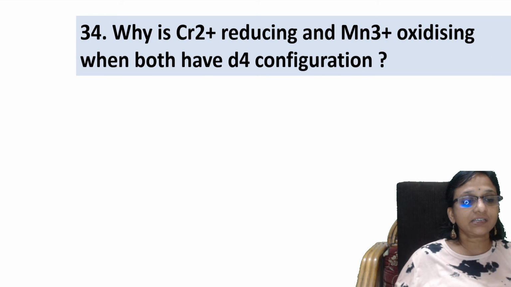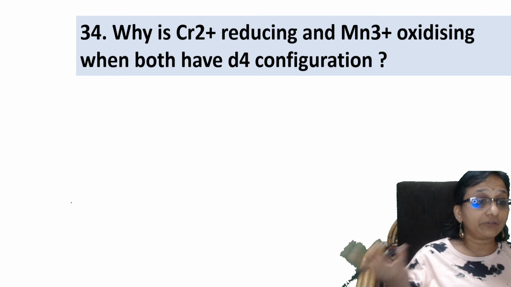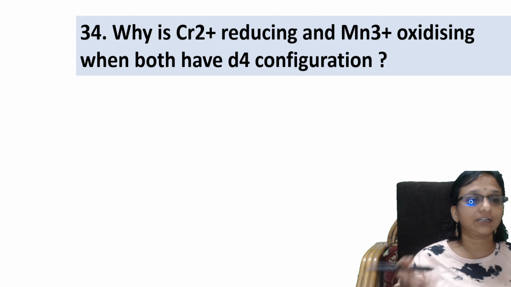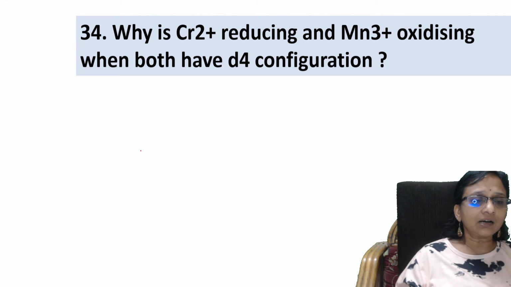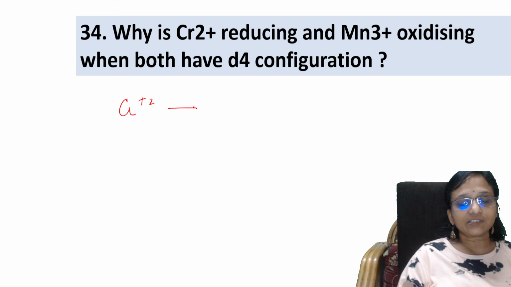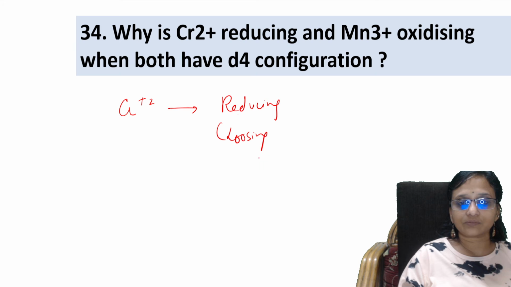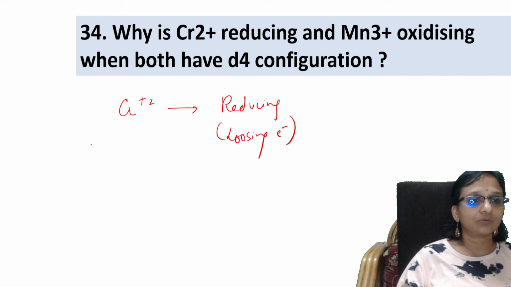Why is Cr plus 2 reducing and Mn plus 3 oxidizing when both have d4 configuration? Simple, understand carefully. Cr plus 2 means what? They said it is reducing. When something is reducing, what are we doing? It is losing electrons. So Cr plus 2, what is its configuration? It is d4 configuration.